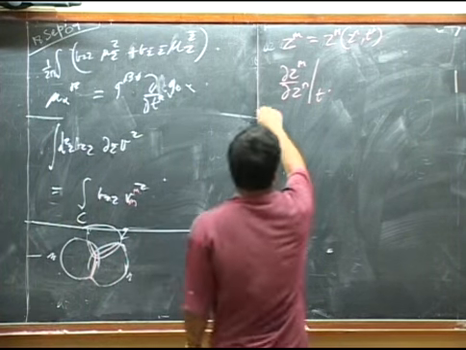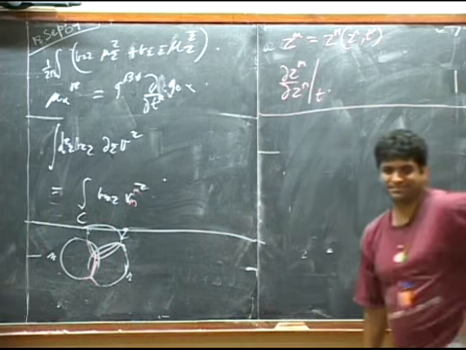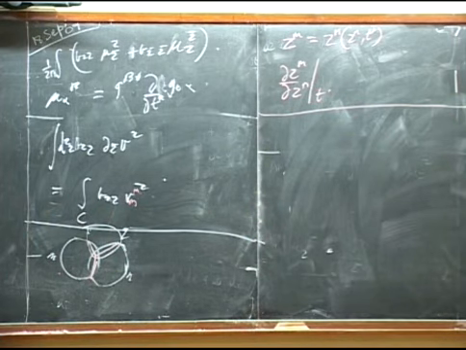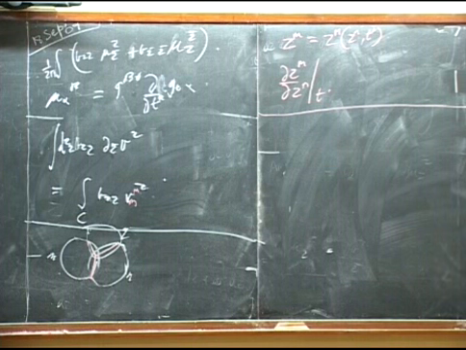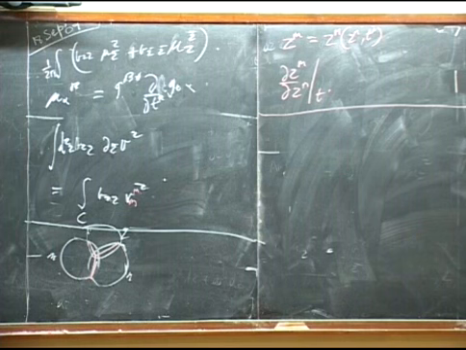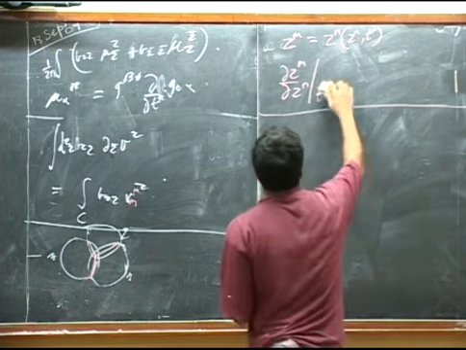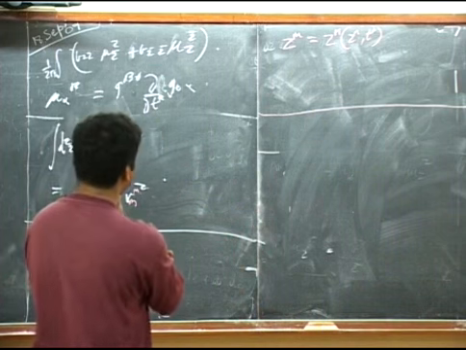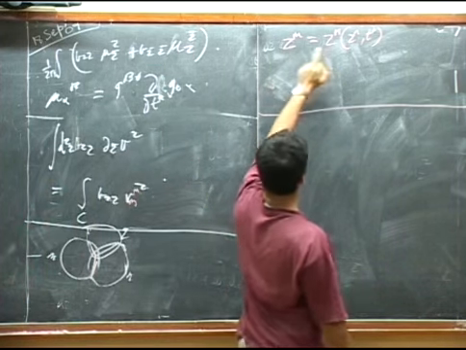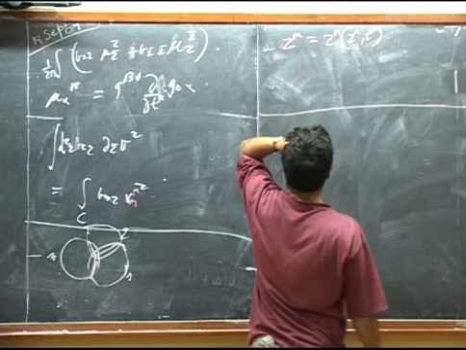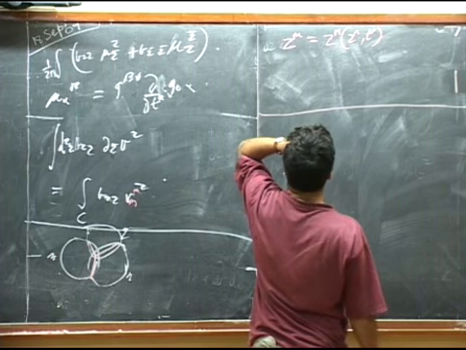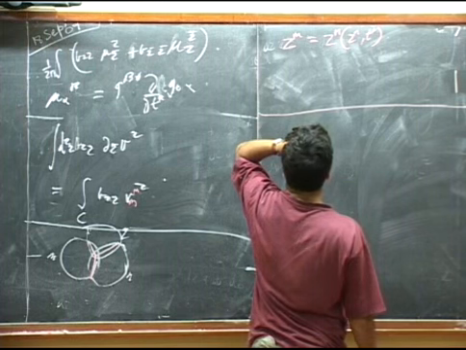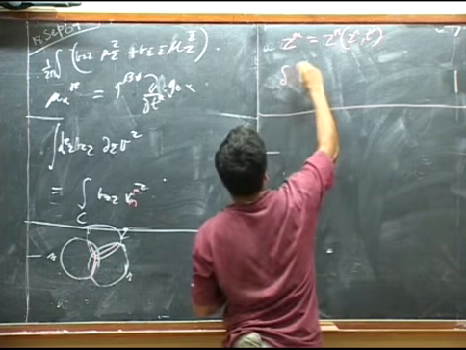So Zm is this function, and what I want is how much this function changes.